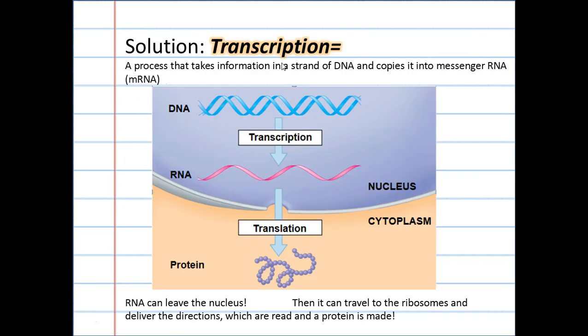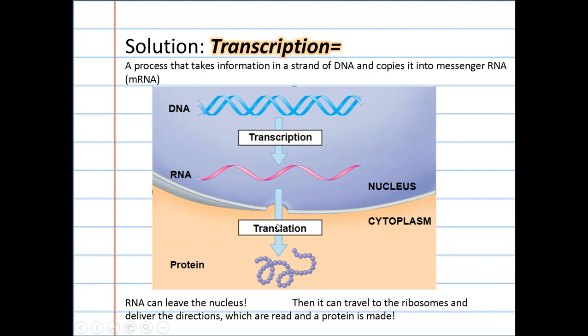Transcription is our process that takes the information in the DNA and copies it into messenger RNA, because the messenger RNA can then leave the nucleus to do the process of translation out in the cytoplasm.